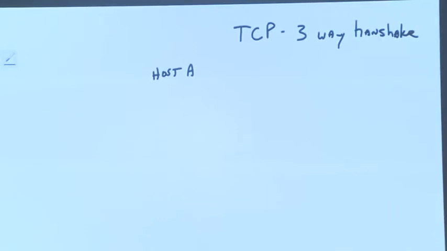So let's talk about TCP, because TCP has a three-way handshake. So let's take a look at the TCP three-way handshake. I've got a host over here, host A, and over here I've got an FTP server.